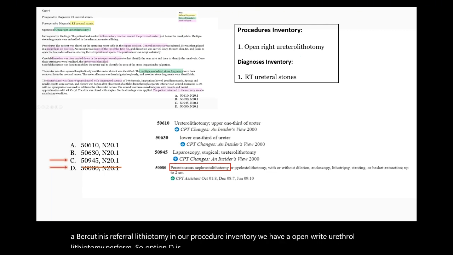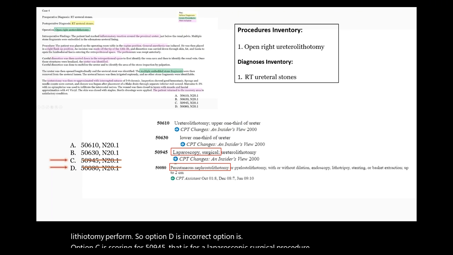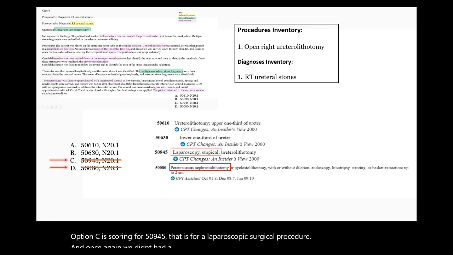Option C is coding for 50945, that is for a laparoscopic surgical procedure. And once again, we didn't have a laparoscopic procedure performed in our scenario. We had an open procedure performed, and that's why option C is also incorrect.